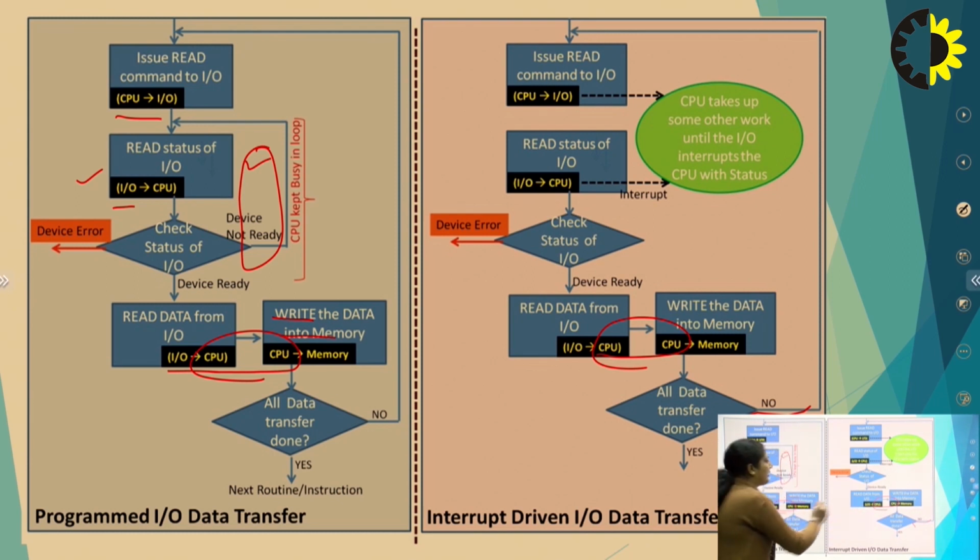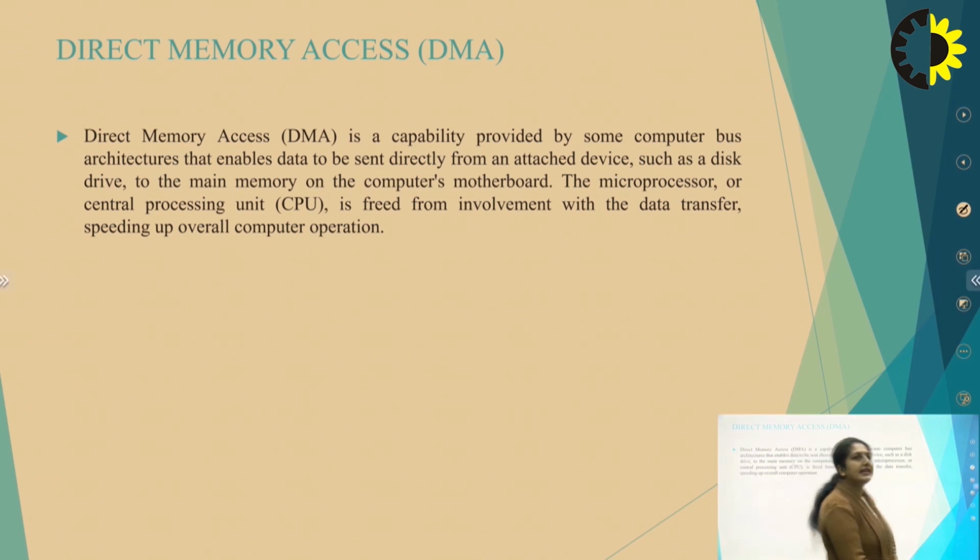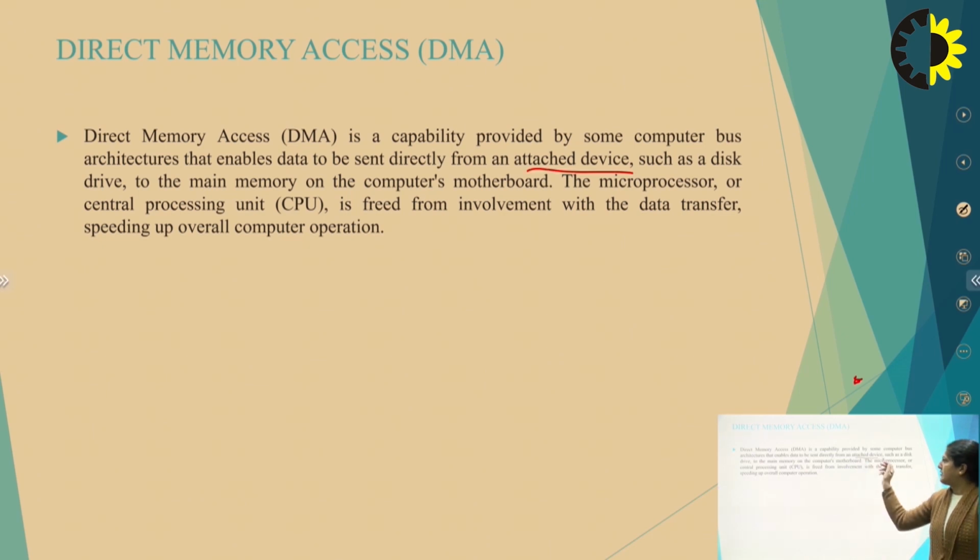So to overcome this, we use the concept of DMA. Let us see what is DMA. Direct memory access is a capability provided by some computer bus architectures that enables data to be transferred directly from attached devices, such as a disk drive, to the main memory on the computer's motherboard.